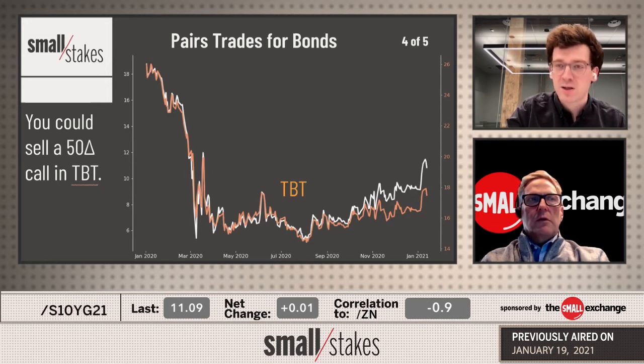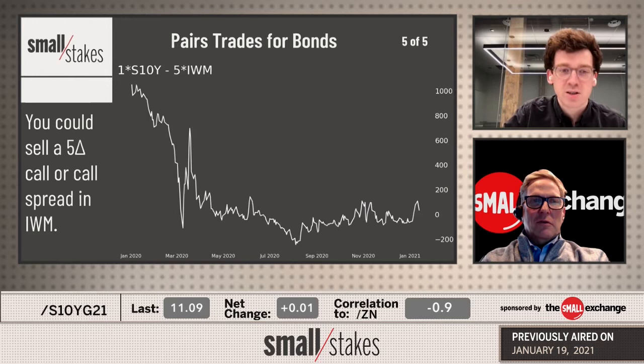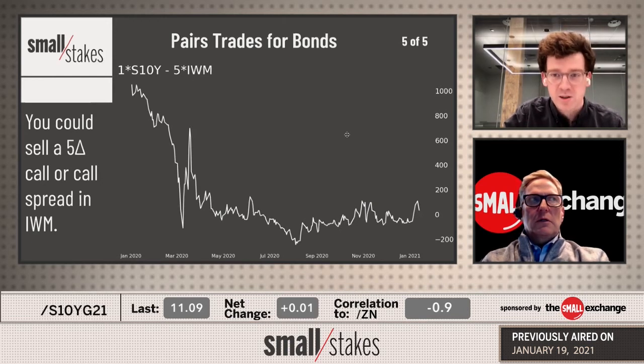And so I'm glad you brought that up, because the final piece here adds a little bit of that convergence, divergence, pairs trading, more traditional aspect to it, which is roping in equities. As you can see here, the one S10Y for 5 shares or deltas of IWM, the chart is showing you that it's been a big collapse in yields relative to stocks.